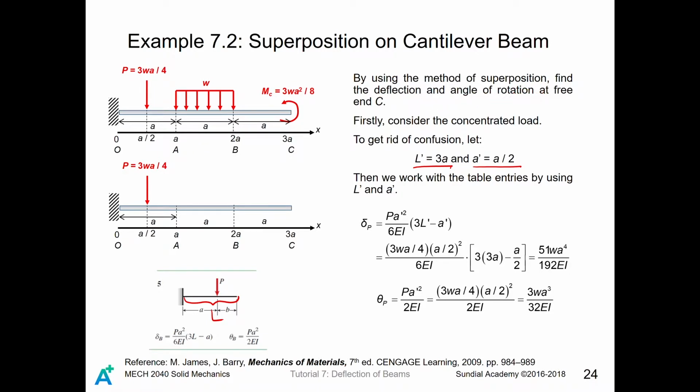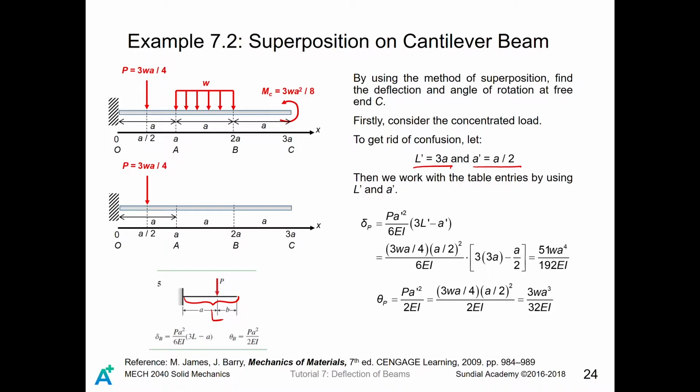So to do that, we first notice that the deflection at the free end due to the single load P is given by PA squared divided by 6EI, bracket 3L prime minus A prime.